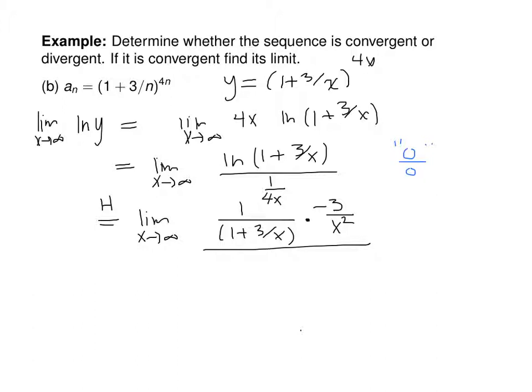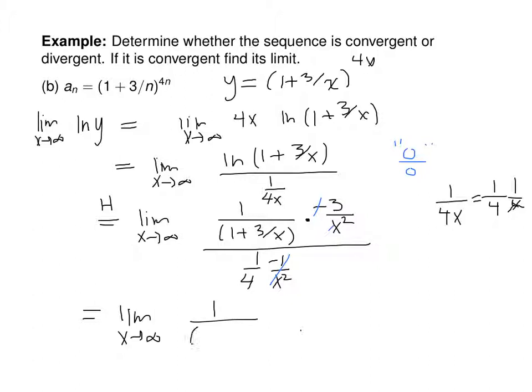The derivative of 1 over 4x, think about it as 1/4 times 1 over x, so that will be 1/4 times negative 1 over x squared. The negatives cancel, the x squareds cancel, and we have the limit as x goes to infinity of 1 over (1 plus 3 over x) multiplied by 3 over 1 and 4 over 1. So that limit will be 12.